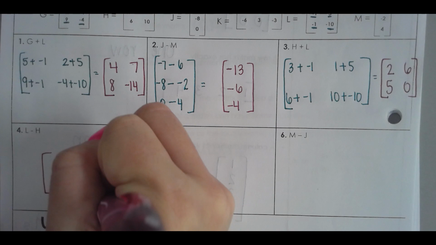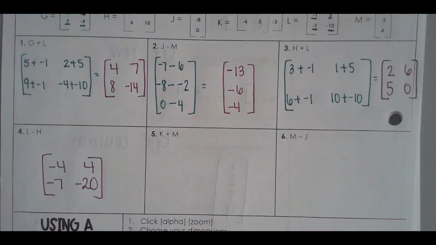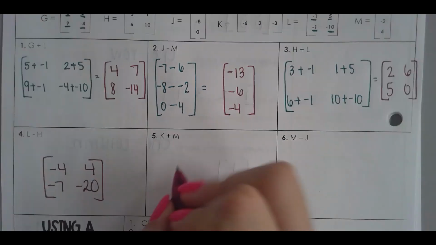Kiara, can you tell me the numbers that you got in number 4? 4, negative 7, and negative 20. Number 5. Gracie Smith, was it possible? No. So K is a 1 by 3. M is... Number 5 was not possible.